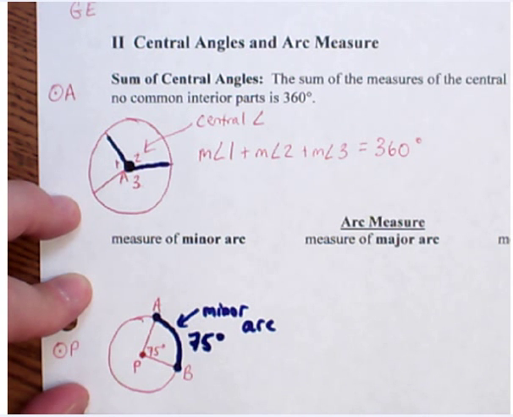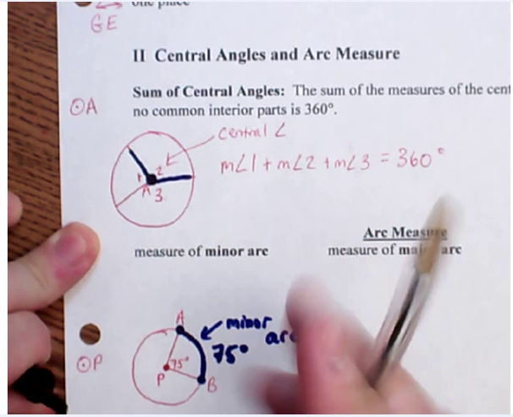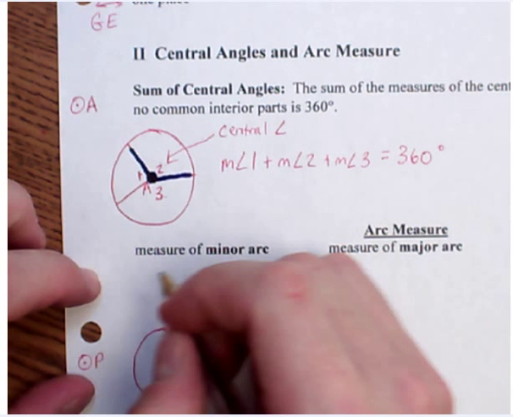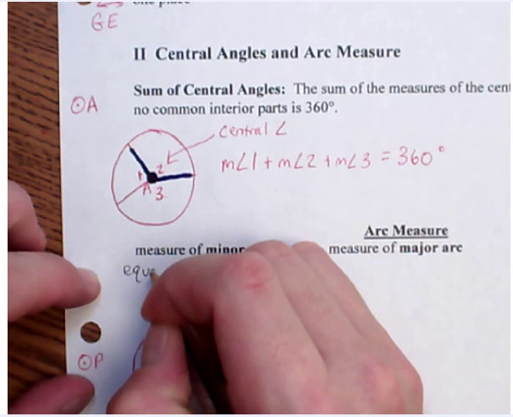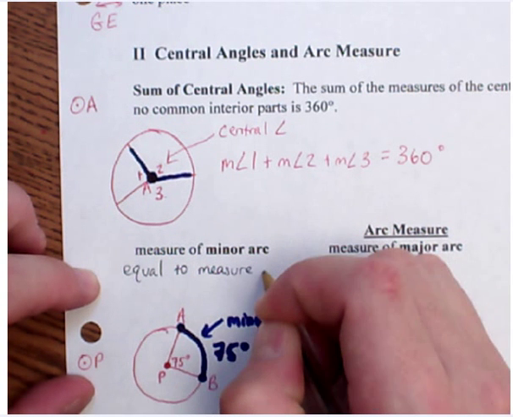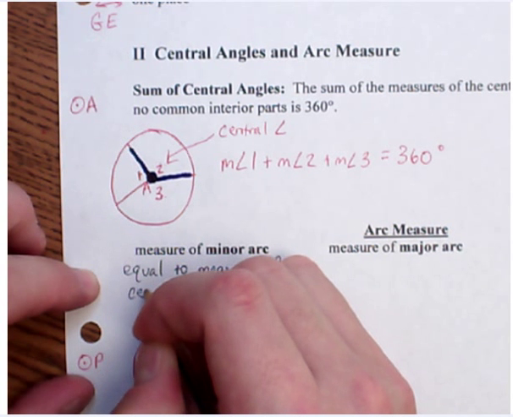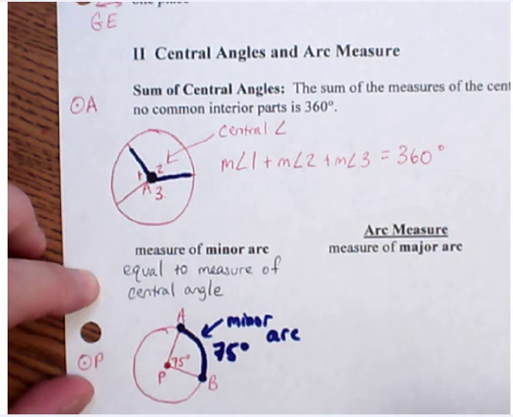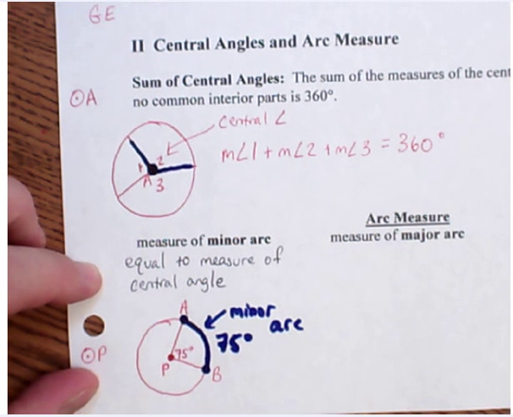So what we're going to write down here: the measure of the minor arc is equal to the measure of the central angle. If the central angle is 75, then the arc measure is 75.